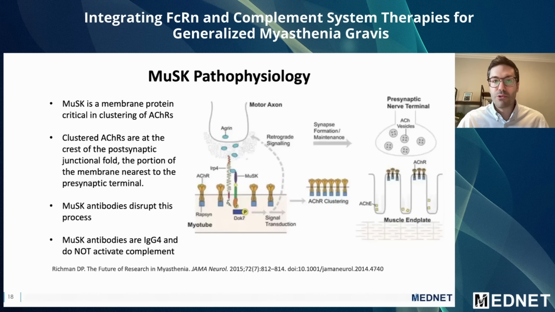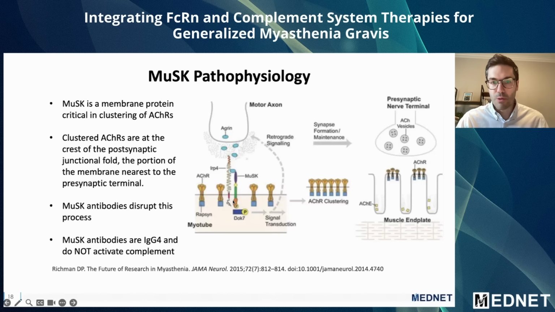So now moving on to MuSK pathophysiology. The main advantage of having MuSK is that it leads to AChR clustering. And it uniquely allows the AChR clustering to go right at the top, at the crest of these postsynaptic folds, leading to an advantage of having these vesicles being very close by these receptors, and having them all grouped together, leading to a very efficient transmission along the neuromuscular junction.